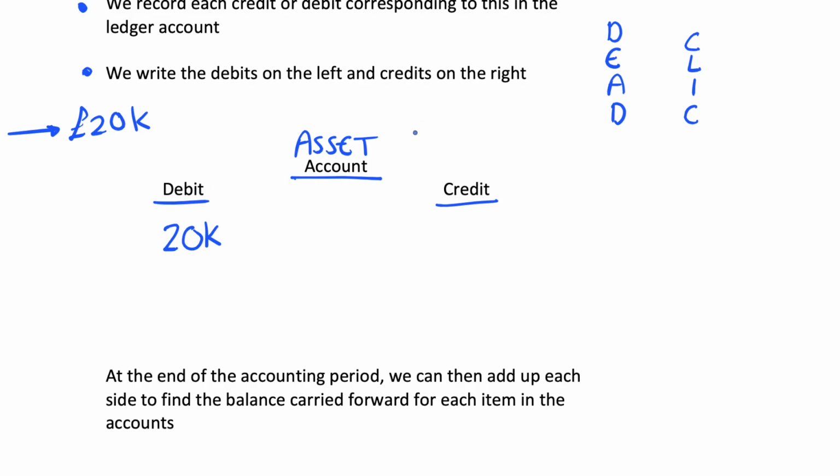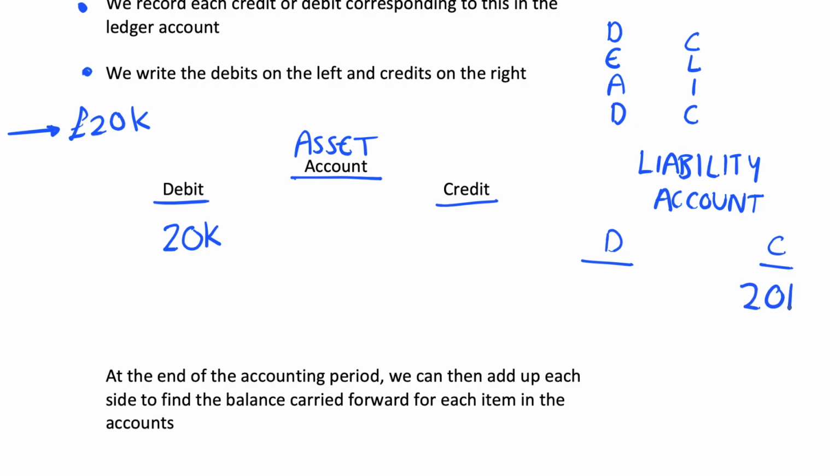And so that's all we need to do for this transaction. And of course, we would have a corresponding liability ledger account, and we would have debits on the left and credits on the right in this account. And this 20,000 would show up as a credit in our liability account.